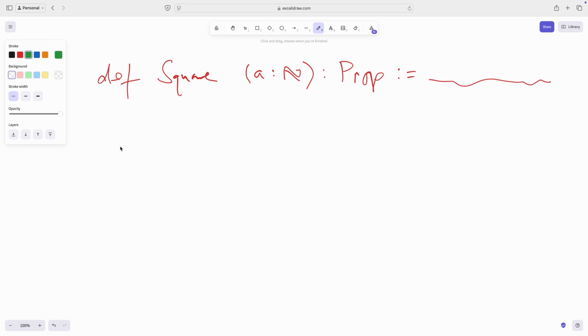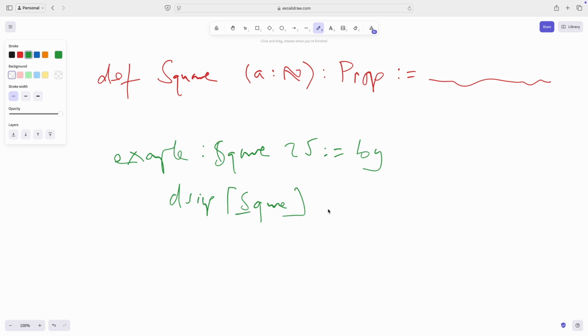And then to show that 25, we might have example, and then say, well, we don't need any parameters. We can just jump straight to the proof objective, which is square 25 by, and then you can probably use dsimp square to show in the info view what the actual definition details are, and it hopefully is a there exists statement, in which case you can probably use some number here. Should be something like that.